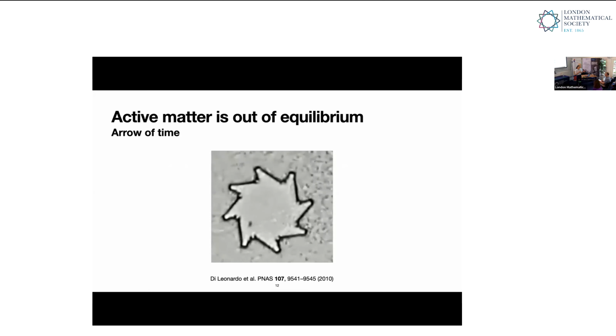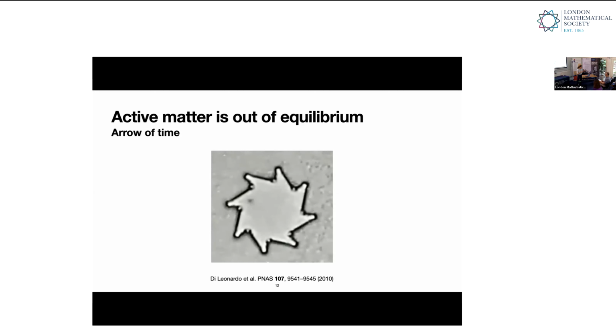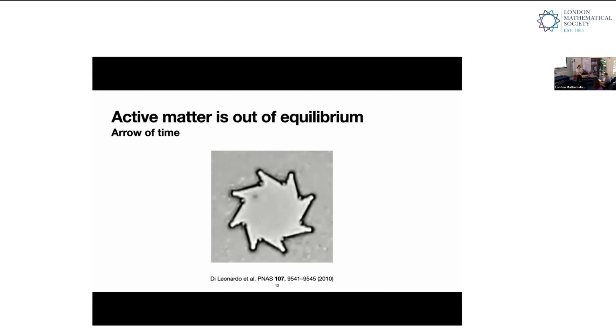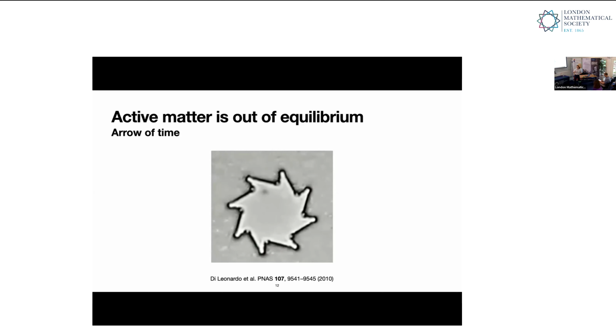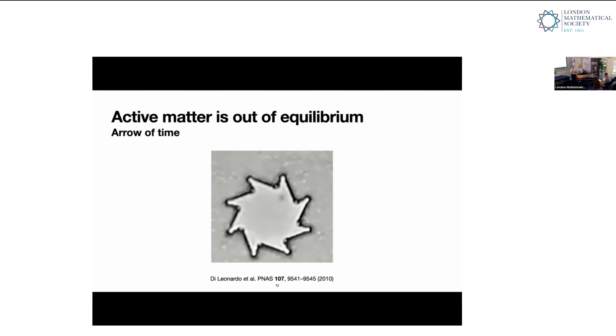Because these bacteria move persistently, they are able to turn this wheel around. What happens is that because of this asymmetry, the bacteria tend to get stuck on one side rather than the other one. And that's why the wheel turns around.